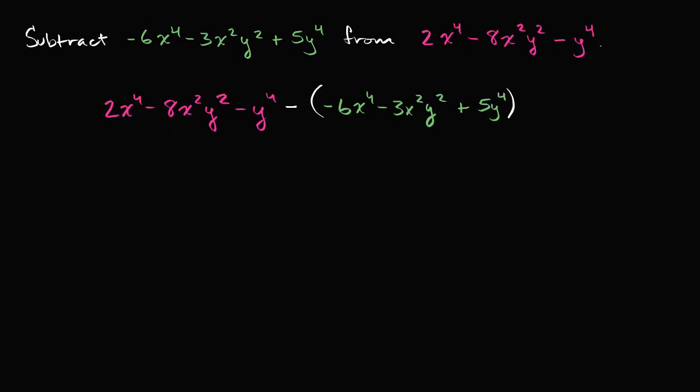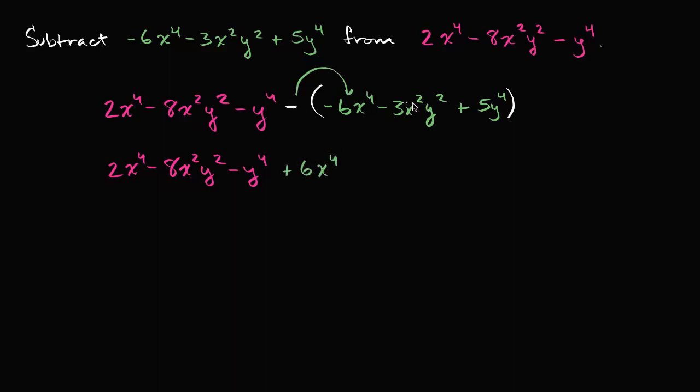So what's this going to be? Well, I can just rewrite the magenta part: 2x to the fourth minus 8x squared y squared minus y to the fourth. And then I can distribute this negative sign. The negative of negative 6x to the fourth is going to be positive 6x to the fourth.